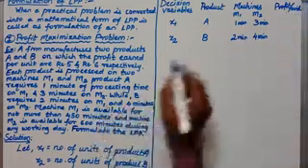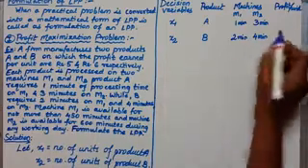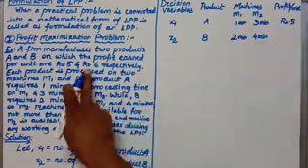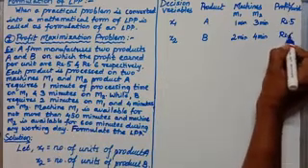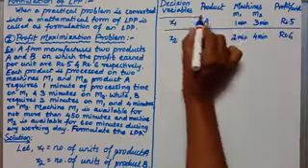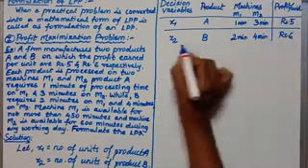For product A the profit is rupees 5, and for product B the profit is rupees 6. As such, we can form a small table which helps us to formulate our LPP.